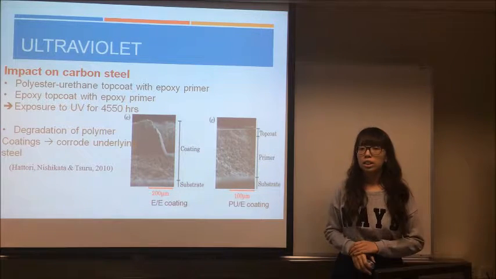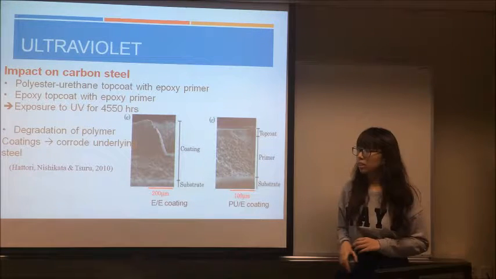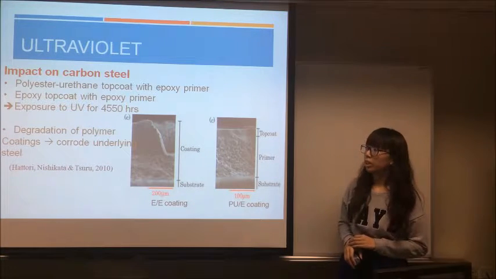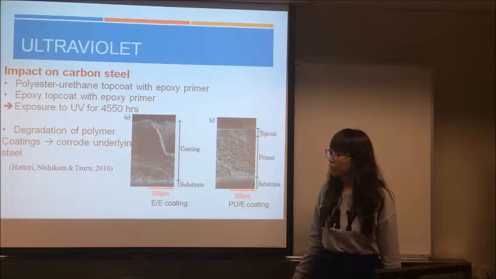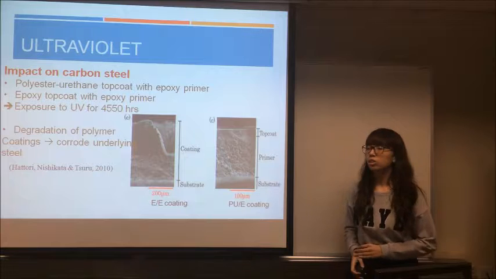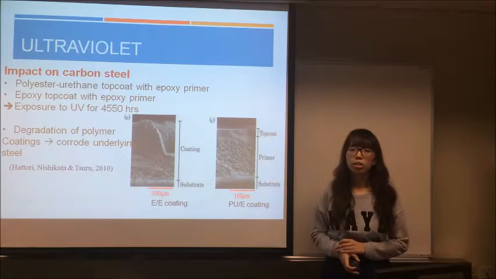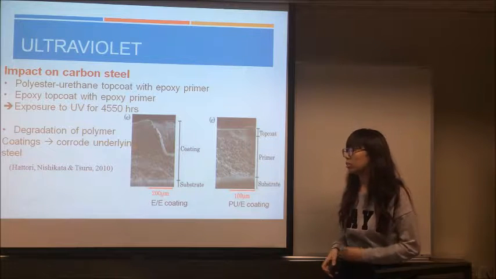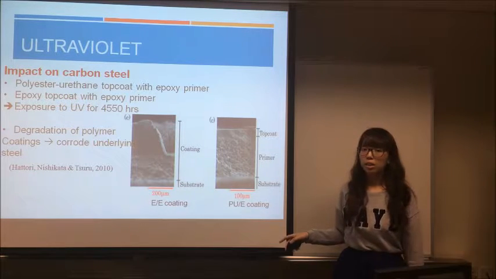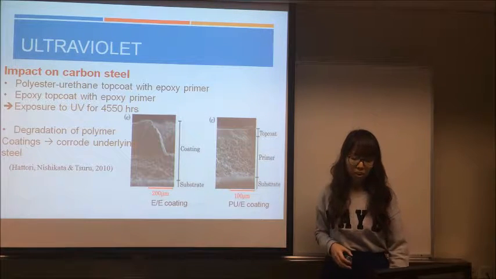For the EE coating, the top coat is severely damaged after the exposure to UV, and the primer is also little damaged. It is expected that the UV radiation can cause a little degradation on the PUE coating, but a significant damage on the epoxy coating.